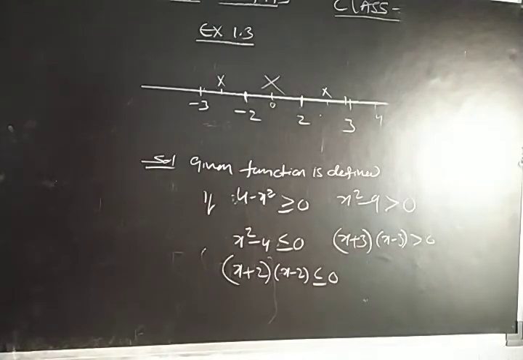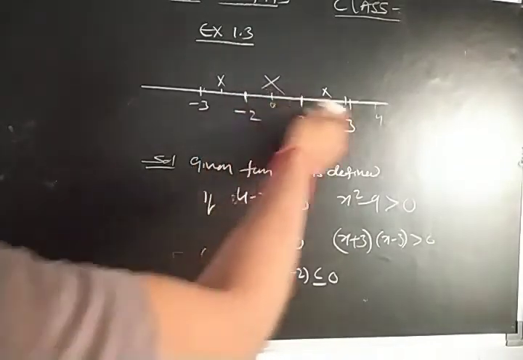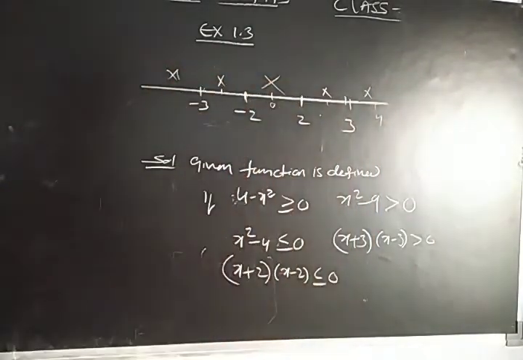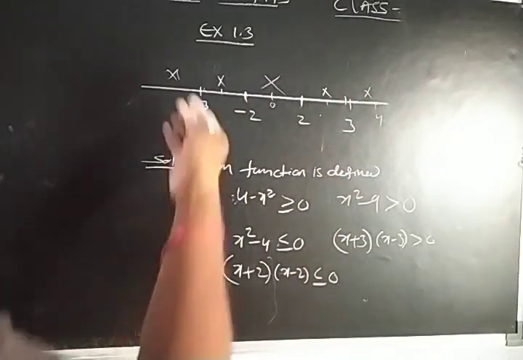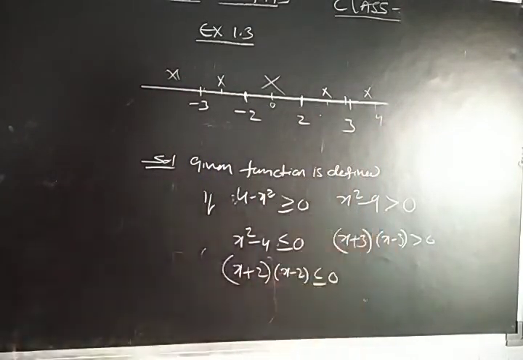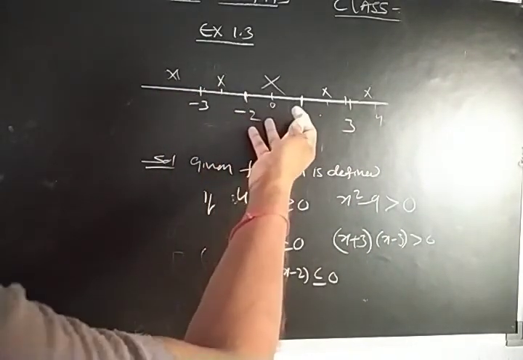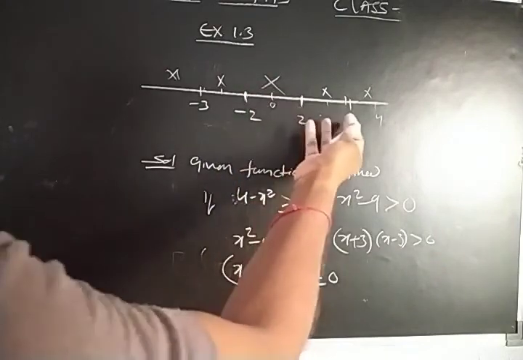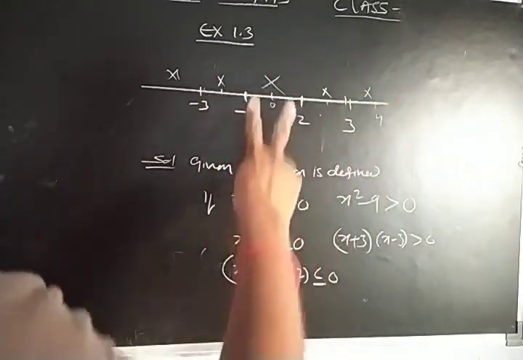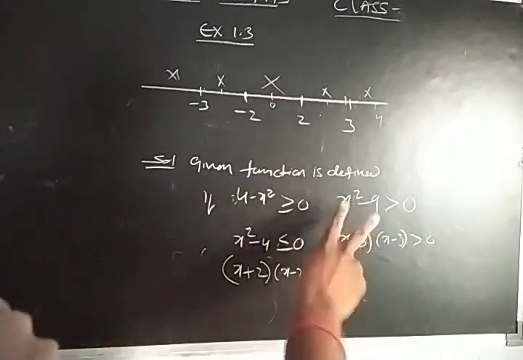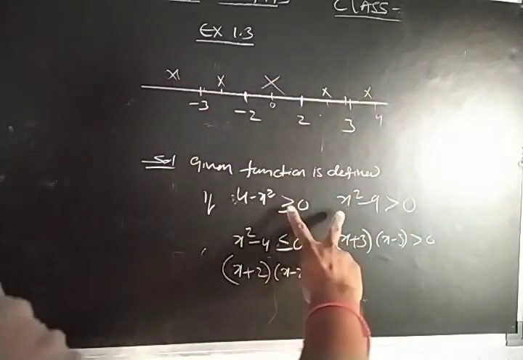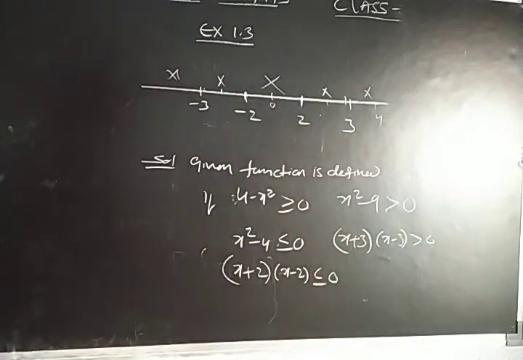So everywhere we are not getting any value. For this function we cannot take any interval as a domain. So the domain is the null set. Why? Because no values are satisfying both the conditions. If you take the left hand side of minus 3, in between minus 2 to minus 3, or minus 2 to plus 2, anywhere you take any value, those values are not satisfying these two conditions. That means there are no real values satisfying both conditions. So what is the domain?